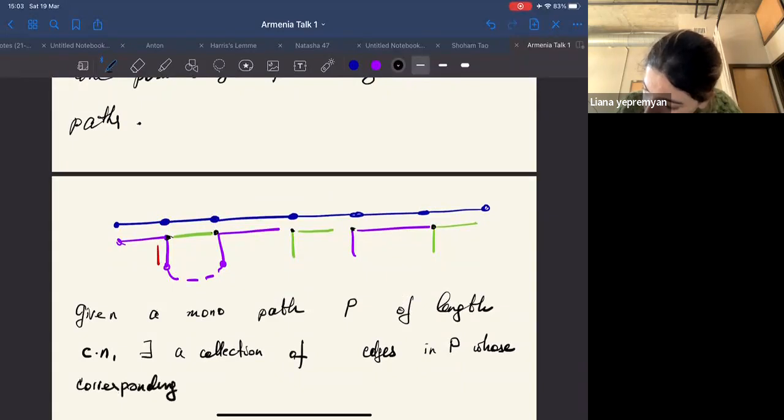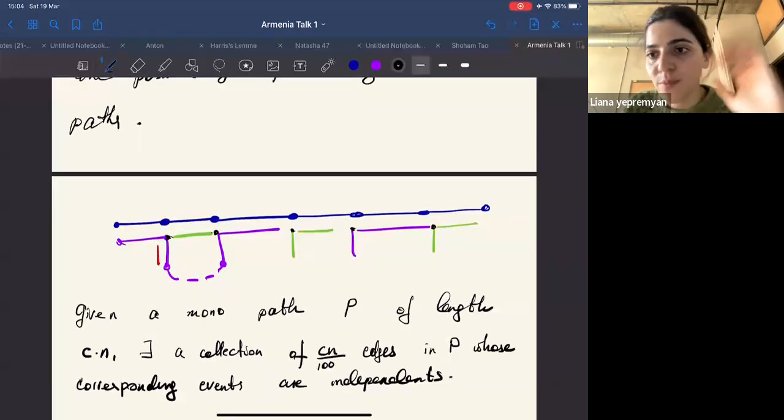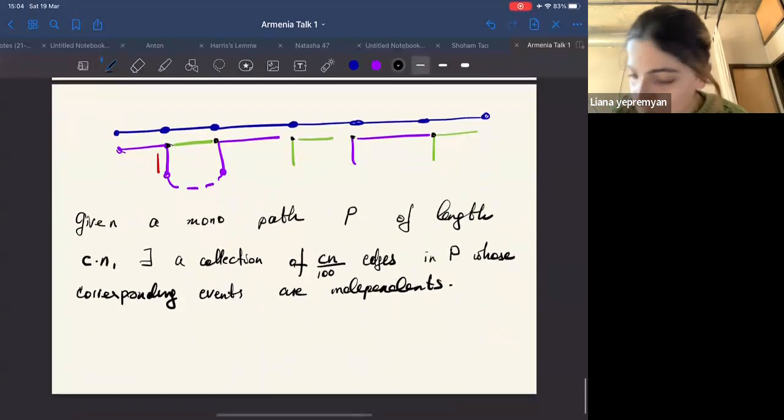The event is that the path this blue edge is coming from, in this case it was this one. I really should say there is a collection of edges, maybe Cn over 100. I don't want to lose too many of such edges, so it's still a linear proportion of edges that are independent.